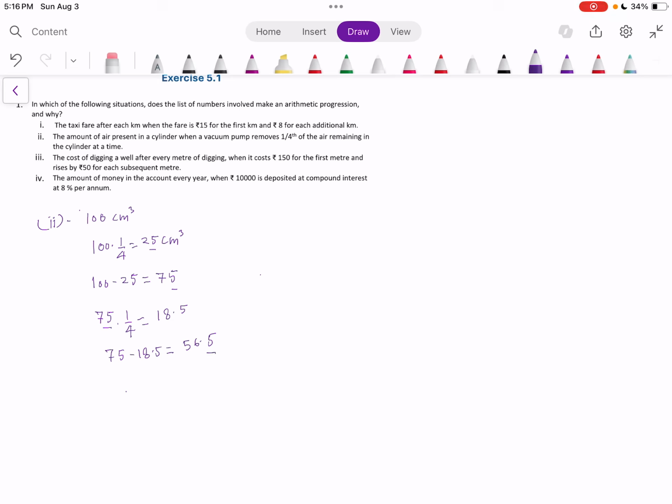And then in the next go it is going to remove 1/4 of this amount, which is going to be 14.125. So the remaining amount is going to be 56.5 minus 14.125, which is going to be 42.375.